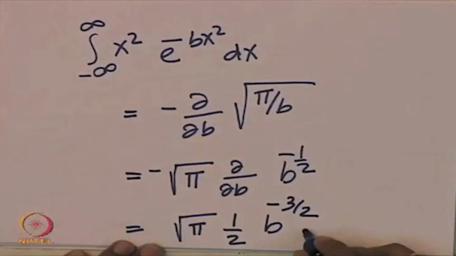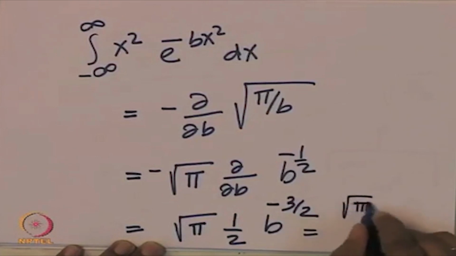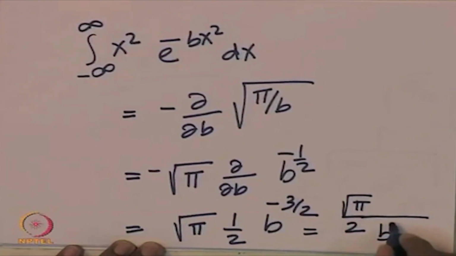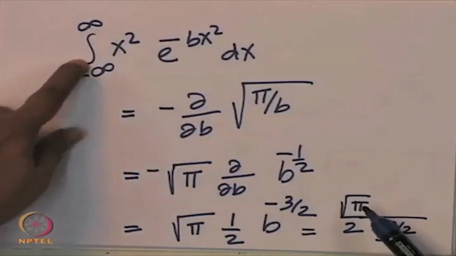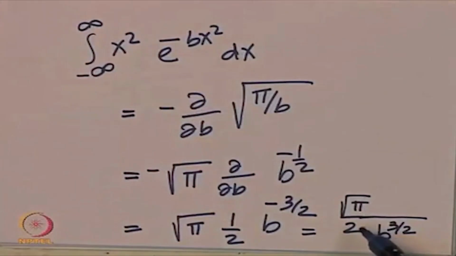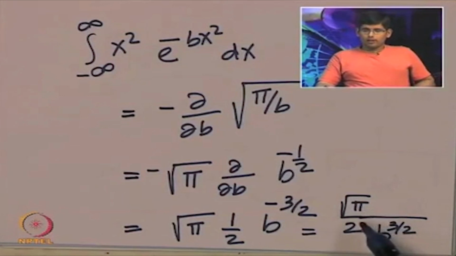If you wish, it can be written as root pi by 2 into b power 3 by 2. b power minus 3 by 2 can be written as 1 over b power 3 by 2, and there is a half and there is a pi. So, the integral of x square e power minus b x square dx is nothing but root of pi by 2 b power 3 by 2.